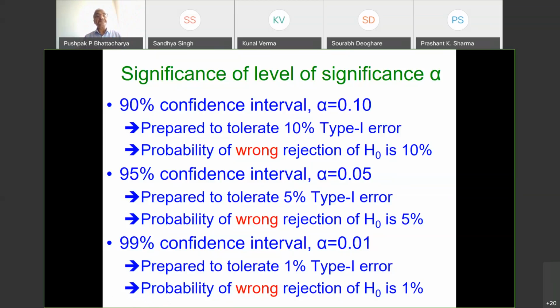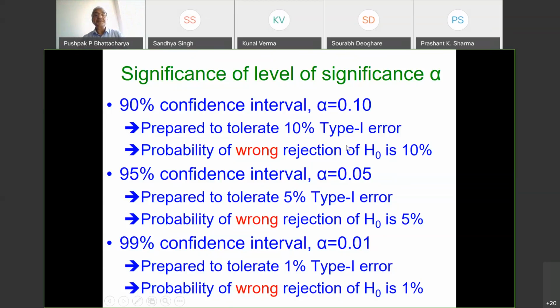So confidence interval gives rise to alpha, the level of significance, and alpha is tied intimately with type 1 error, and type 1 error is tied intimately with H0, the null hypothesis. So everything begins with the null hypothesis and the confidence level that we have decided for ourselves for operation.